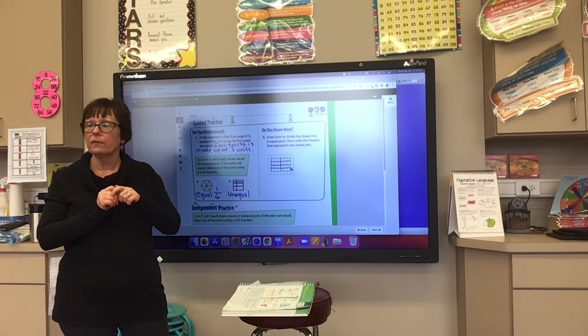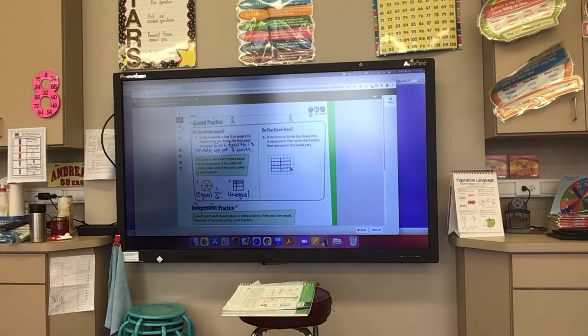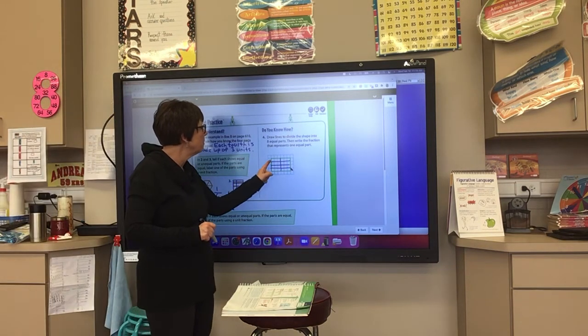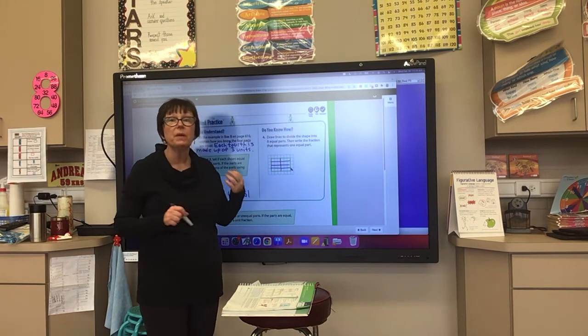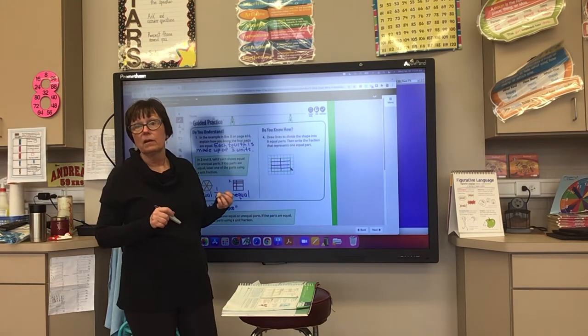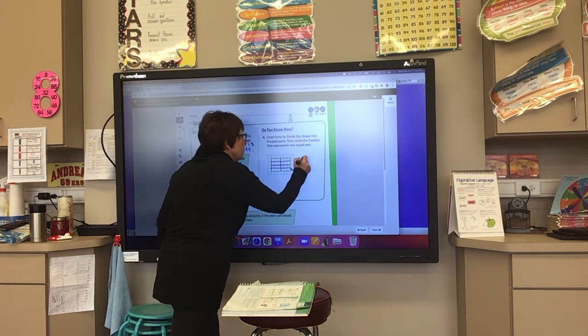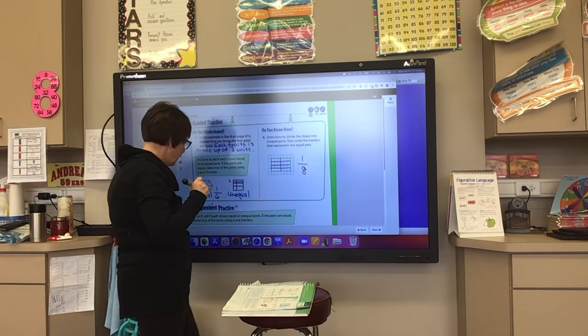We're naming 1 part. We count how many equal parts we have. How many do we have, Nina? 8. So that would be our denominator. So then it would be 1/8.